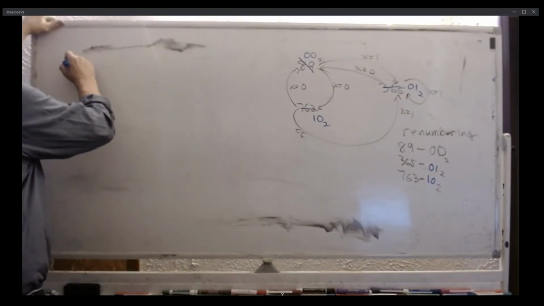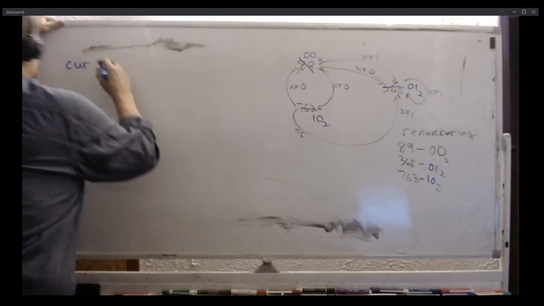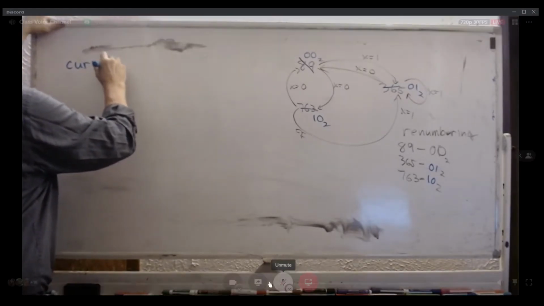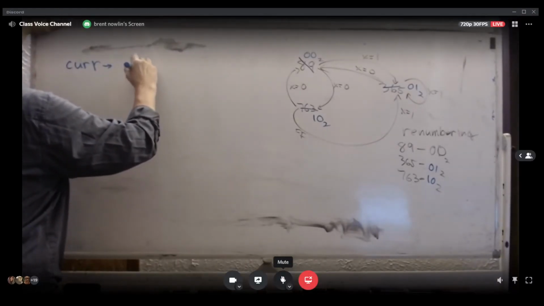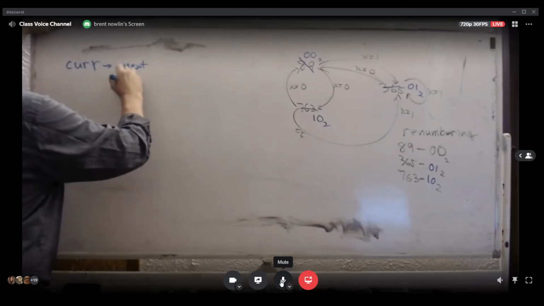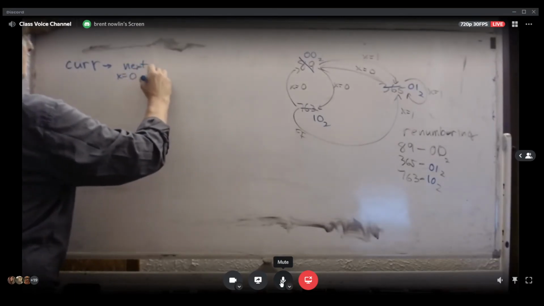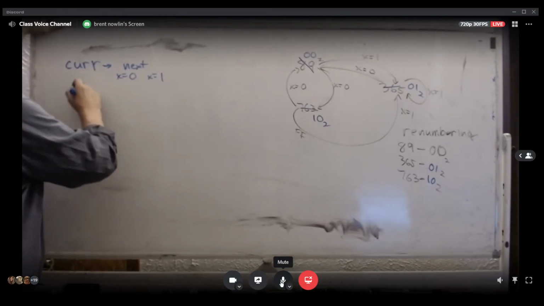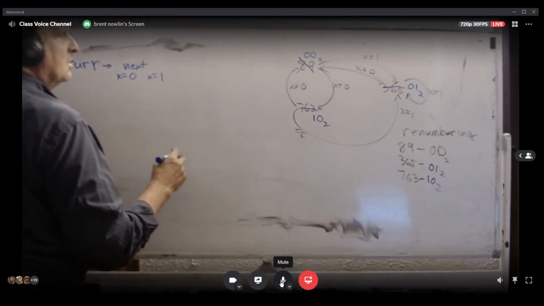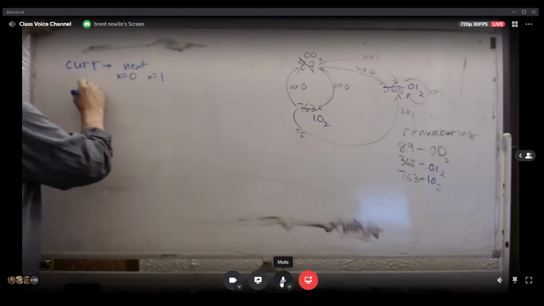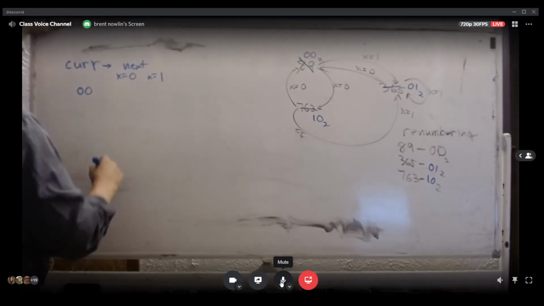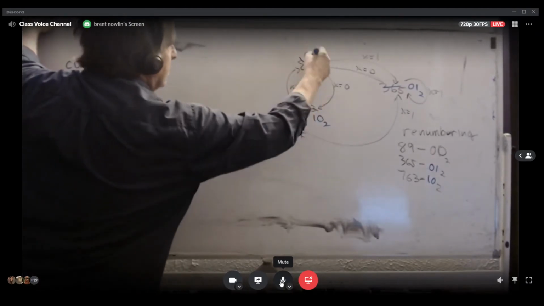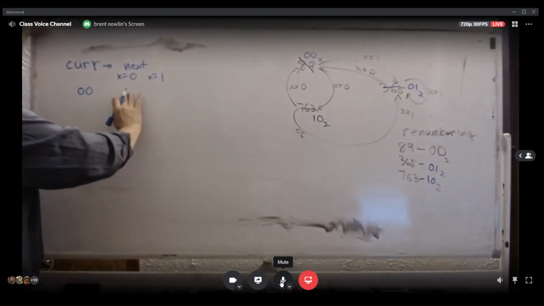Okay, so we have the current state. But the next state has an x equals 0 column and an x equals 1 column. So if we're in state 0, 0, and x equals 0, where do we go?